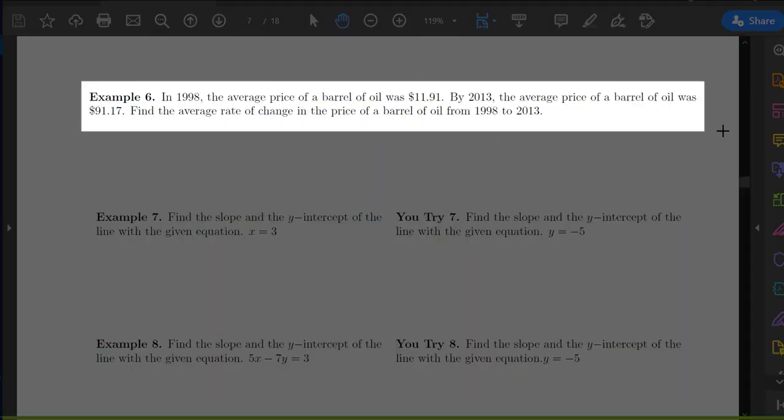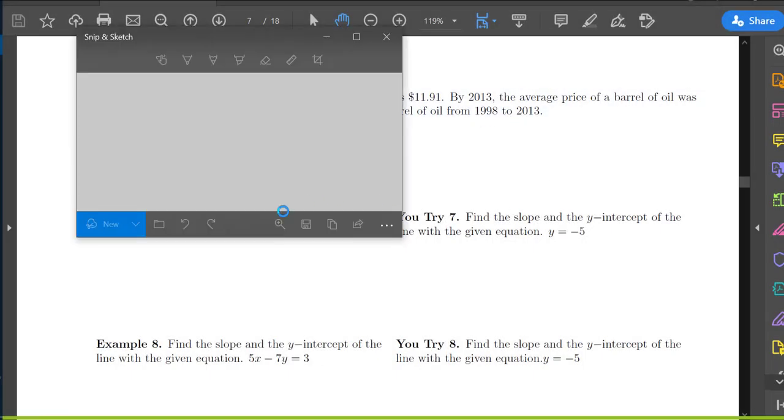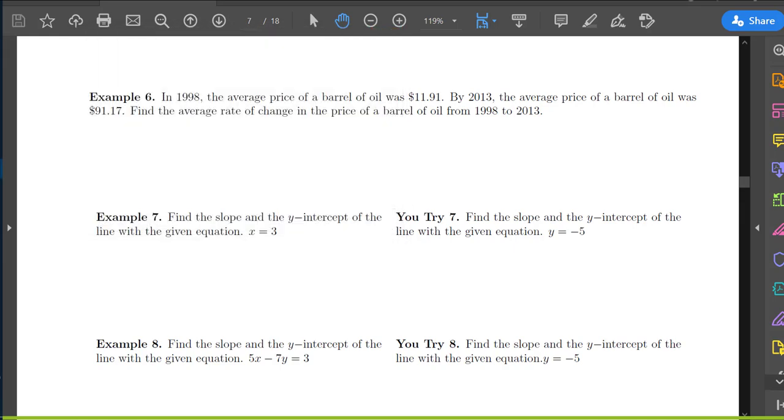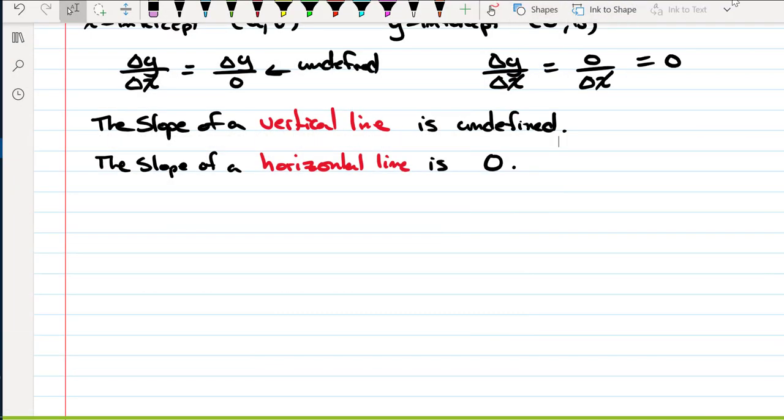All right, we are going to jump to example number 6. But before we do, we need a definition of the average rate of change.